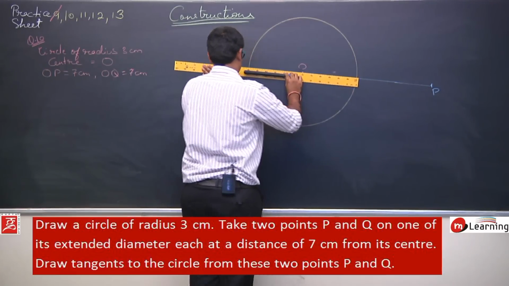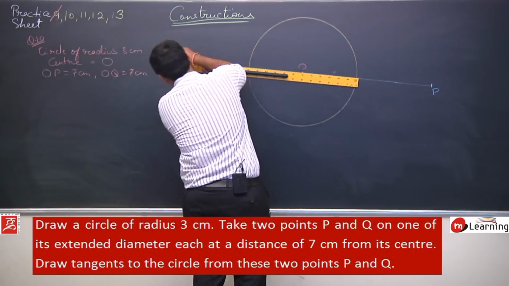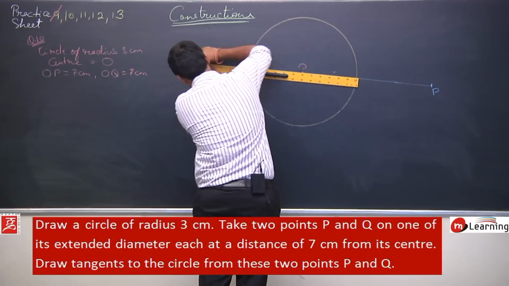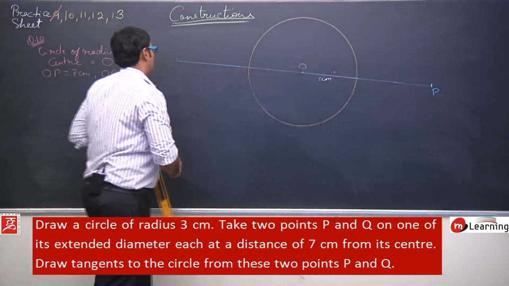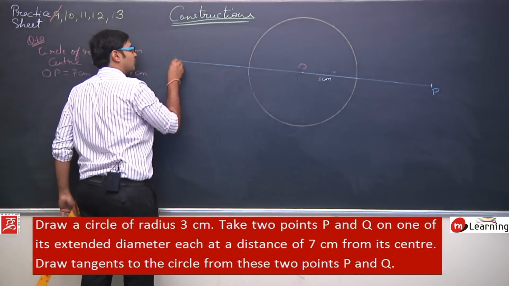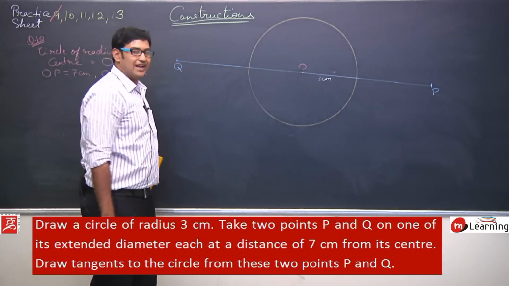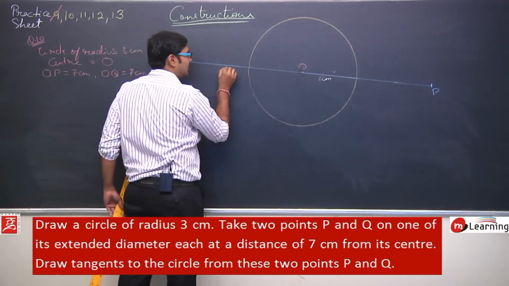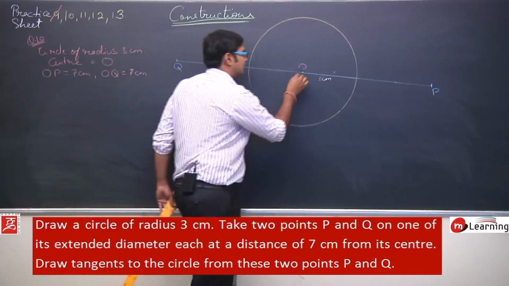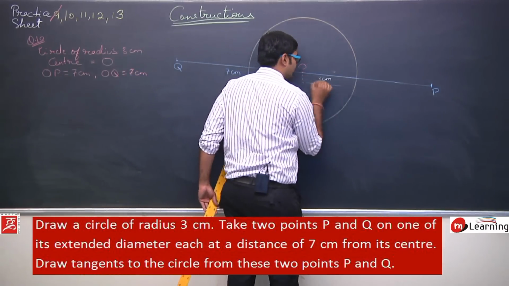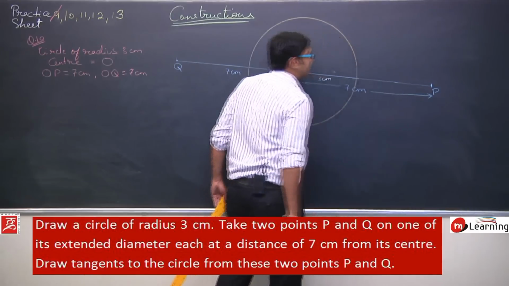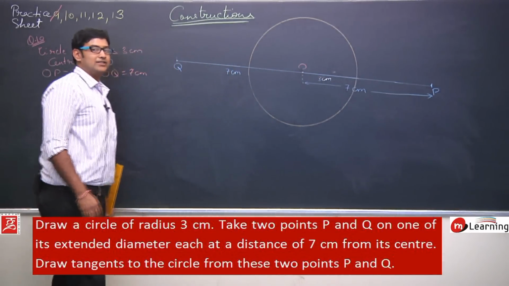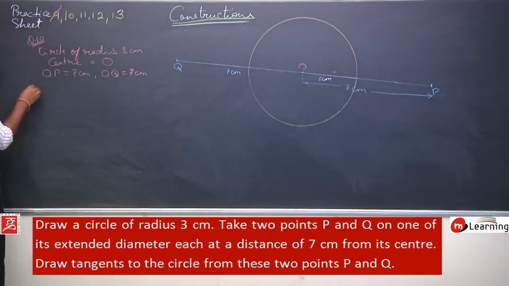With this center, I will extend the line from this point O, like this, and this is a point Q. So I can see this OQ is 7 centimeters and this OP is also 7 centimeters.